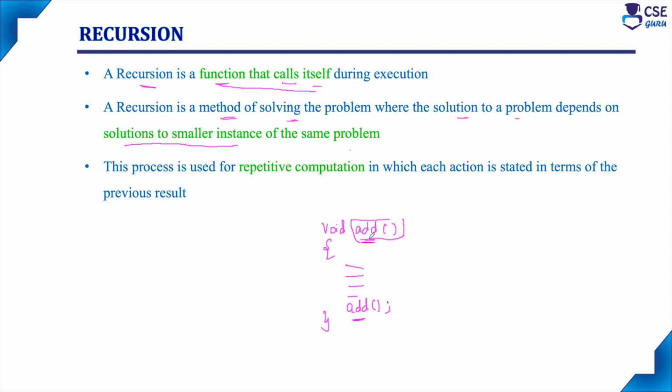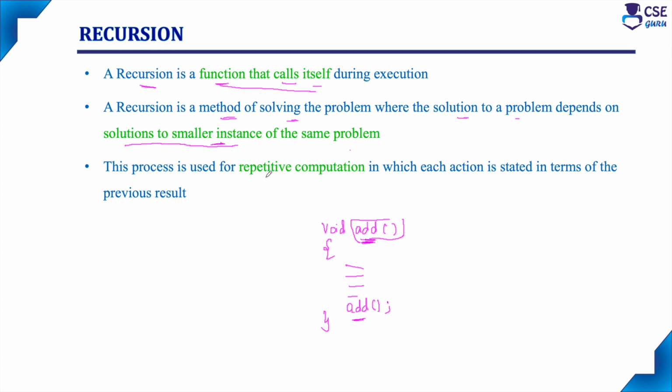When you call this function, it is a big problem. Again, when it is called inside, the problem is somehow reduced to a smaller size, and again it is reduced to a smaller size. So if you want to find the solution to a smaller instance of the problem, we use a recursive function.